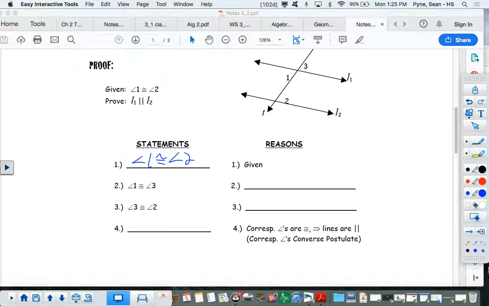Now, how do I know angle 1 is congruent to angle 3? Vertical angles. Definition of vertical angles.